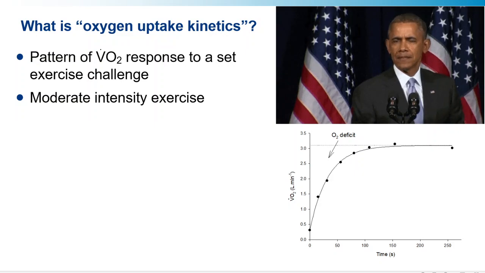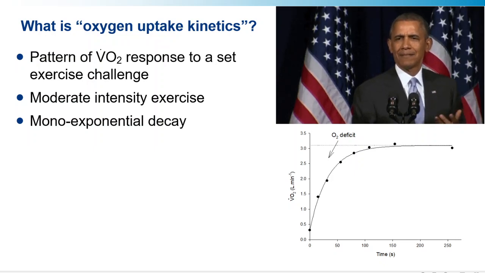Today we're going to focus exclusively on moderate intensity exercise, and that's its own jargon. That simply means exercise performed below the lactate threshold. And we're going to focus on the notion of a mono-exponential decay.